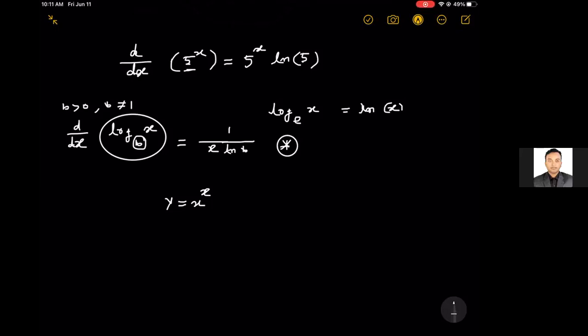Yeah, I agree, but to find the derivative, which formula should I use? Could you use the power rule in this case just to keep it simple, or no?